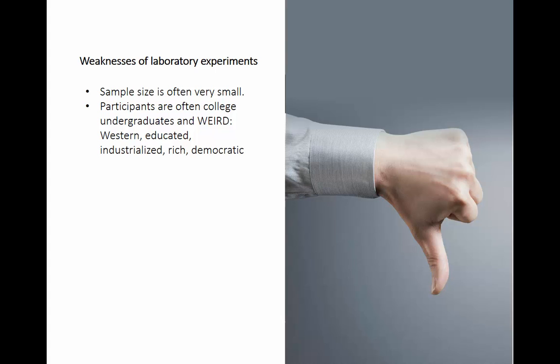It's a technical term, weird. You are Western, educated, industrialized, rich and democratic, compared to the wider population. I don't know, maybe some of you are not rich. But at the very least, if I look at the population here, compared to a random sample of similarly aged people in the world, it's a clear group.